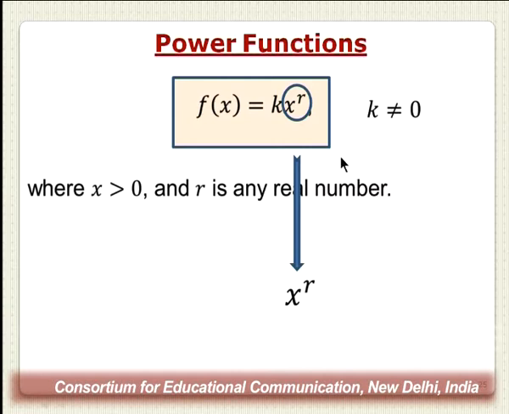Why is that? When we take an expression of the form x to the power r in a power function, the independent variable x forms the base. So if we were to generalize this to an expression a to the power r, the base a is your independent variable, and r, the exponent, is a constant. So in a power function, the base varies, but the exponent is a constant.